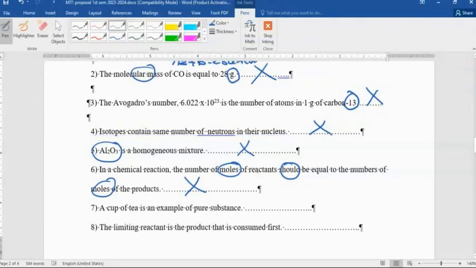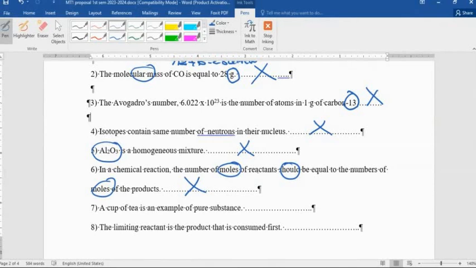In a chemical reaction, the number of moles of the reactant could be equal to the number of moles of the product. And there is a big difference in English between could and should. Or another version of this correction: in a chemical reaction, the masses of the reactant should be equal to the masses of the product, the law of conservation of mass.